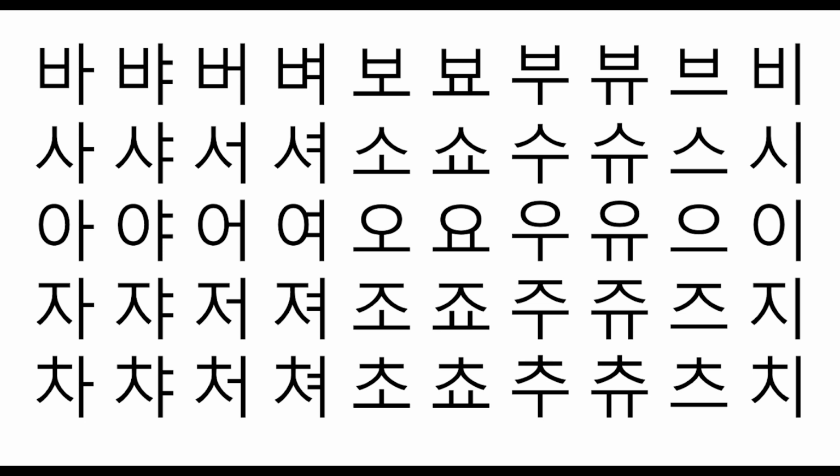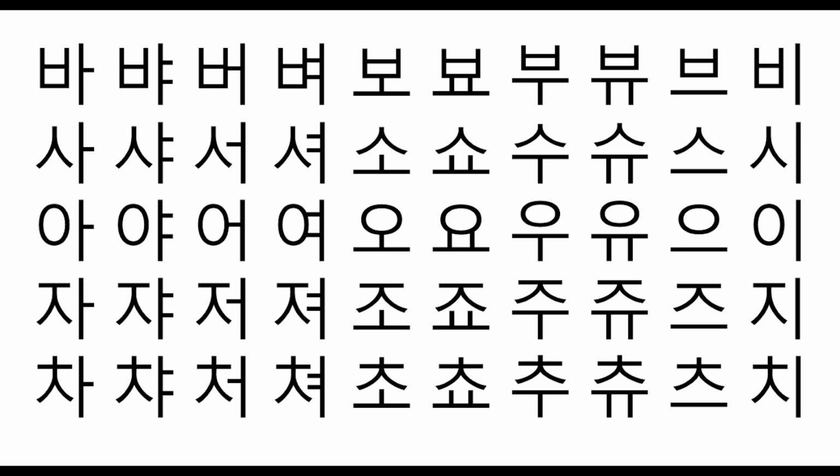So that's ba, bya, bo, byo, bu, byu, bu, bi. Now the second line, sa, sha, so, sho, su, shu, su, she.